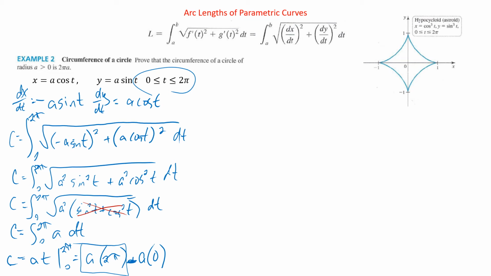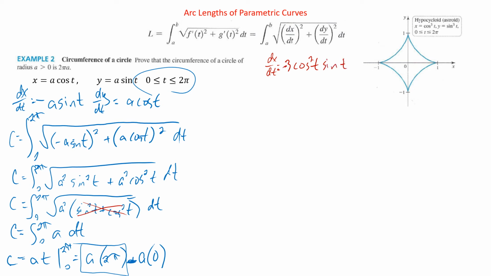So the first thing we want to do, I'll change color here so we can see the difference, is find our dx and our dy. Dx over dt: we have cosine cubed t, that's something cubed, so we'll have 3 times the something squared, times the derivative of the something, which will be a negative sine t.